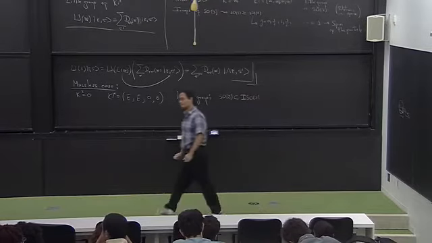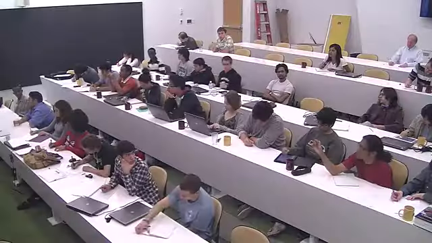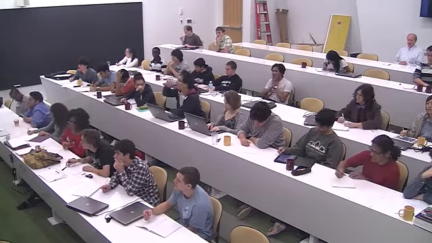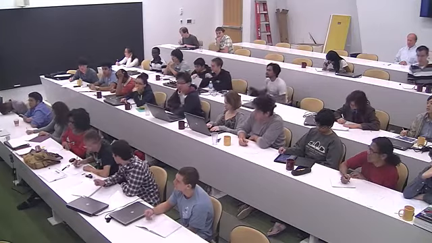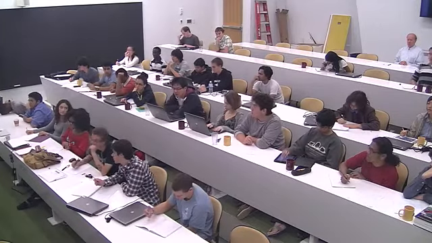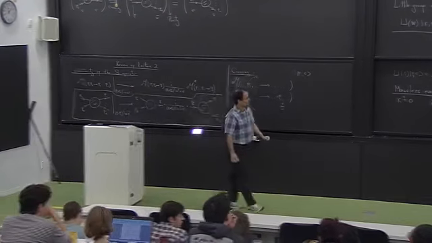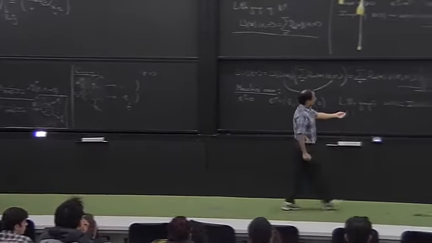It's called ISO2. The I means inhomogeneous.